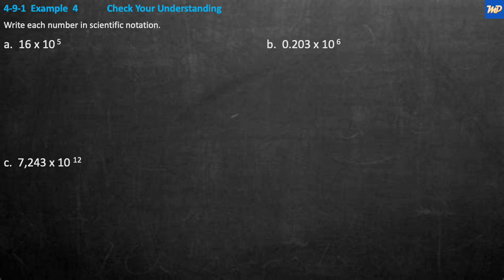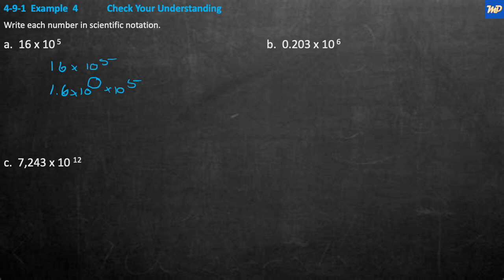Now it says write each number in scientific notation. We're going to check our understanding here. So let's try it. We're at 16 times 10 to the 5th, and we want to be at 1.6 times 10 to the something times 10 to the 5th. So what does that have to be here? We are at 16 and we want 1.6. What do we have to do to 1.6 to get to 16?